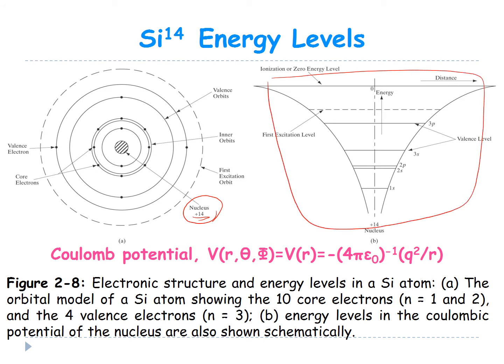The Coulomb potential exerted by the nucleus on the electrons is given by this formula here, where r is the distance from the center of the nucleus. The Coulomb potential actually decreases with increasing distance from the proton, so it's proportional to 1/r.